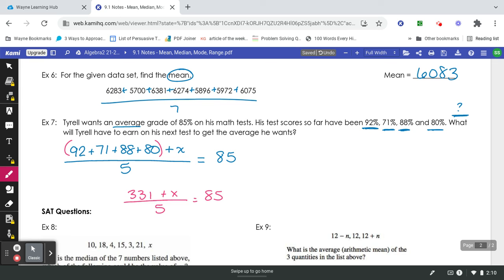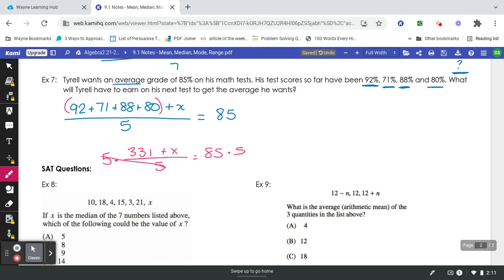I need to get rid of the divided by 5, so I'm going to multiply by 5. And that's going to give me 331 plus x.